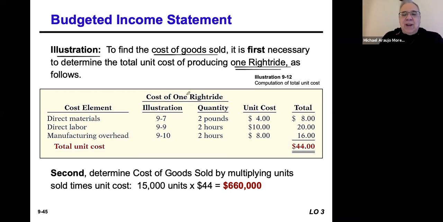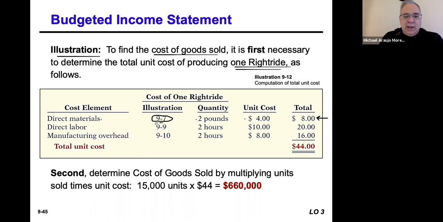So each Rightie product takes 2 pounds of direct materials. We know that from looking at the direct materials budget, at $4 per pound. So 2 pounds would give us a cost of materials of $8.